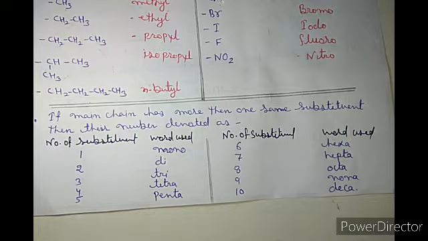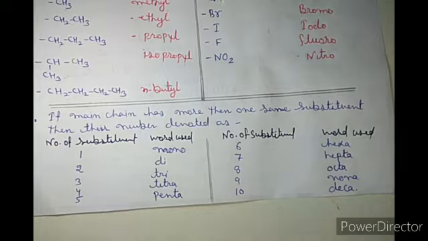These words are used with the prefix of the substituent. Suppose if there is 2-methyl, then we use dimethyl. If there is 3-methyl, then trimethyl. If a molecule has 4 methyl substituents, then we use tetramethyl. Got it?